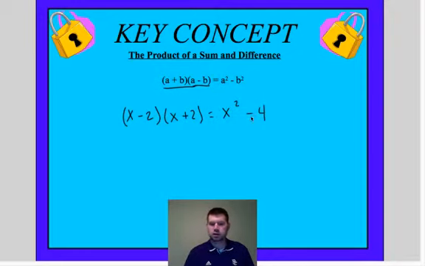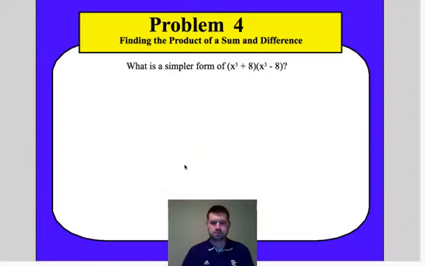Now if we did FOIL, it would come out to be x squared plus 2x minus 2x and then minus 4. So what you'll notice is the reason why we don't have just a single x is because they cancel each other out. Alright, and you're left with the x squared minus 4. So there's the reasoning why it works.